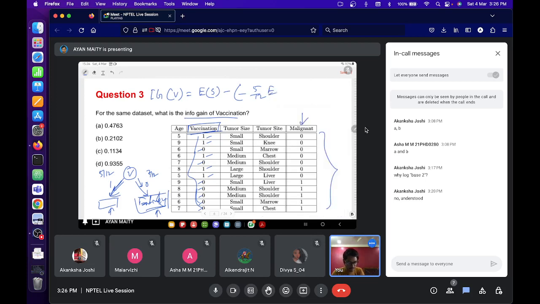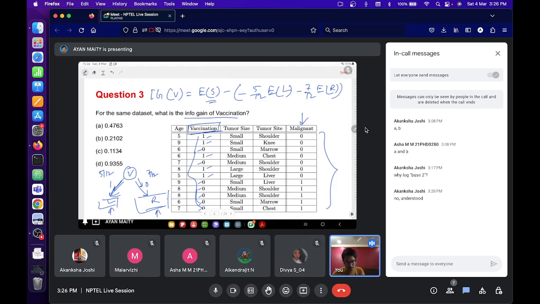Let's call this side L and the other side R. Minus 7 by 12 into E of R. So this is the overall formula.